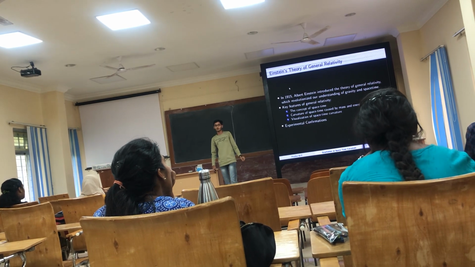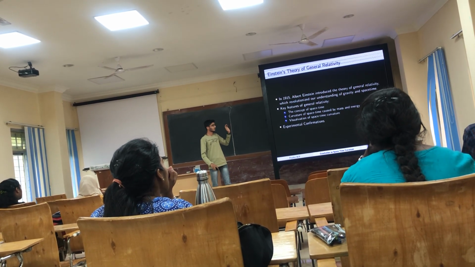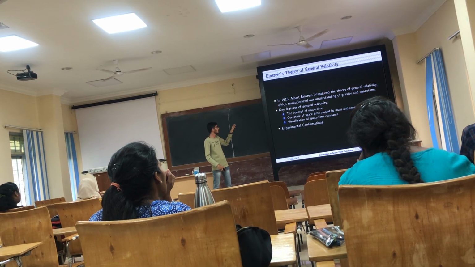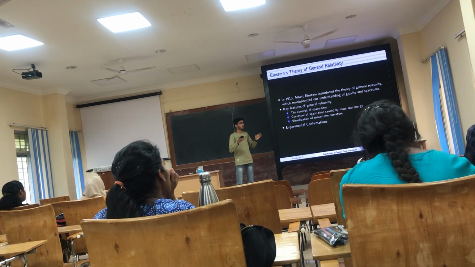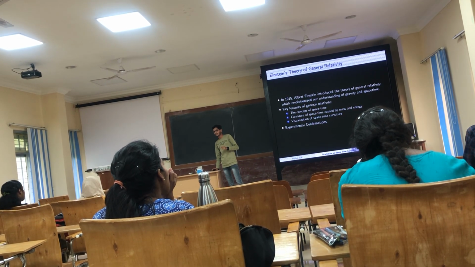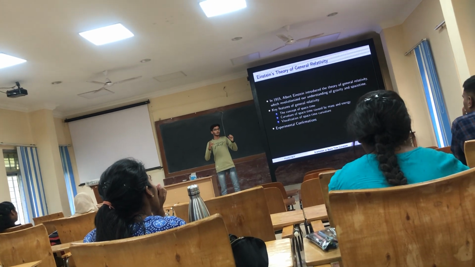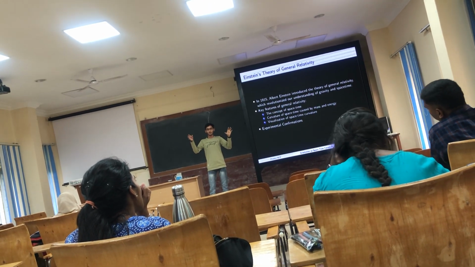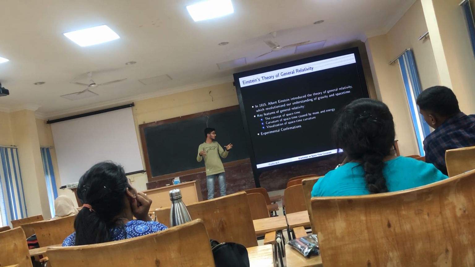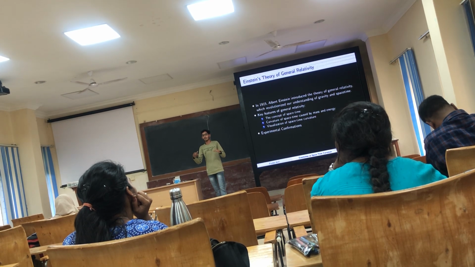After 200 years from Newton's theory of gravitation, there was a problem in Newton's theory. The question arises: two masses are there, there is no connection between them, so how is the force exerted?